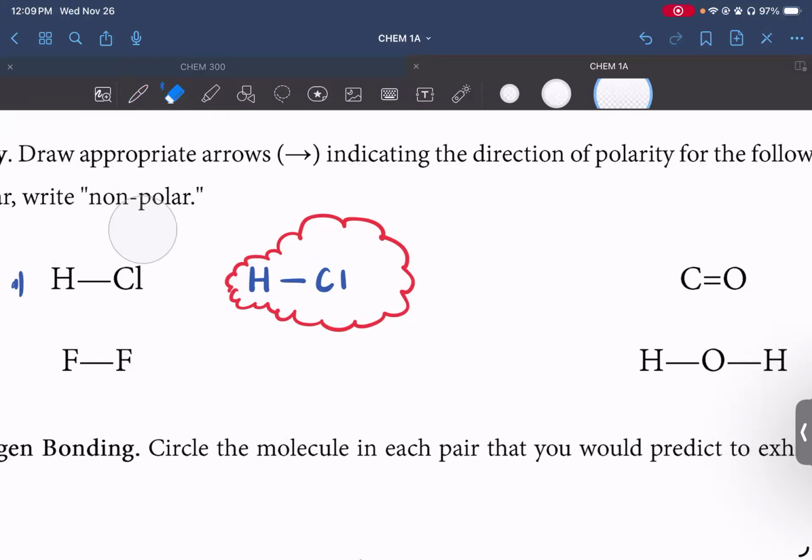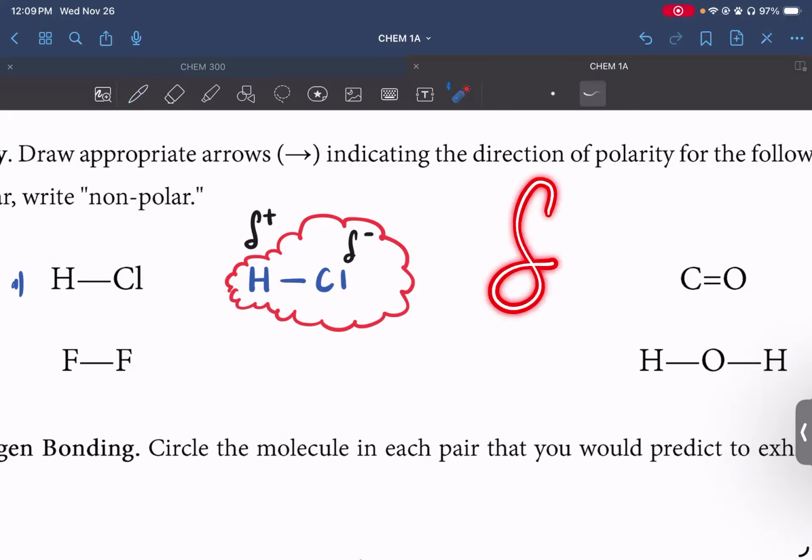As a result of this cloud, we can then say that the hydrogen is slightly positive and the chlorine is slightly negative. The symbol that I've just drawn is the lowercase Greek letter delta.